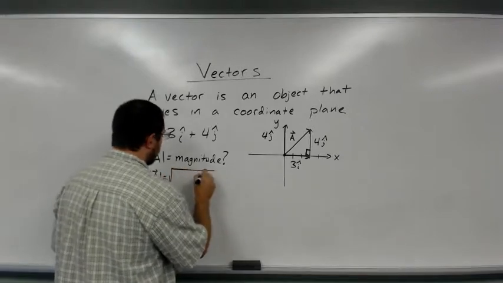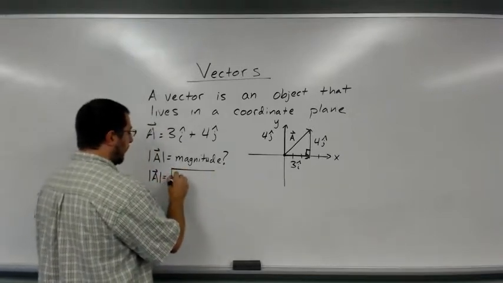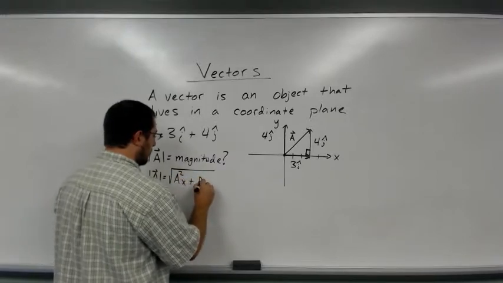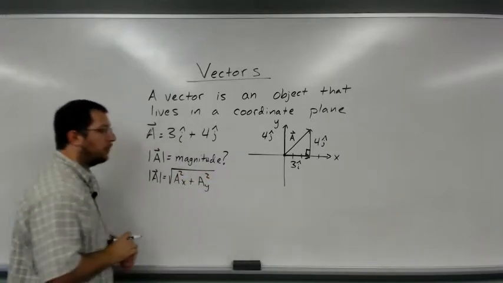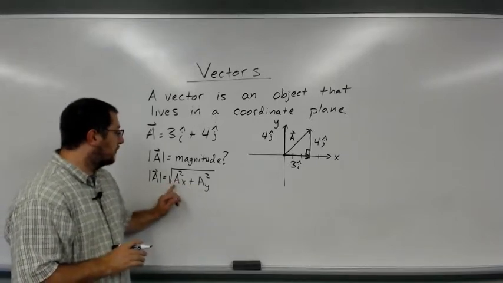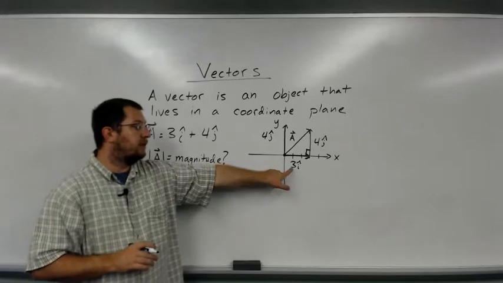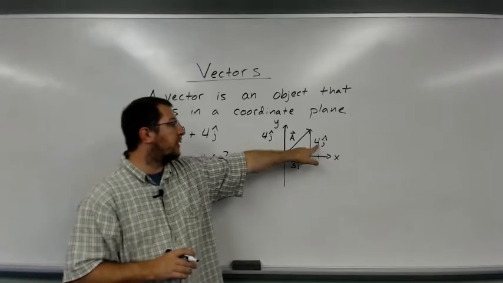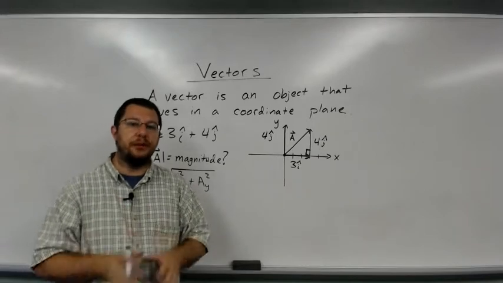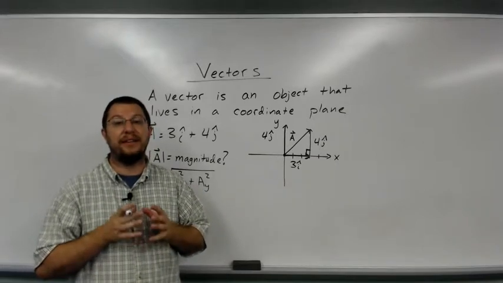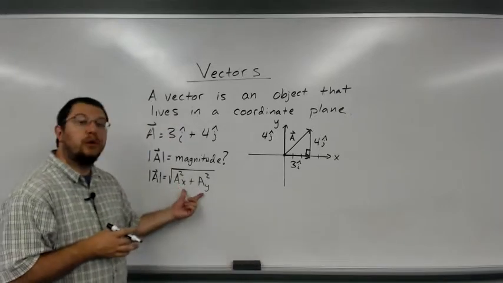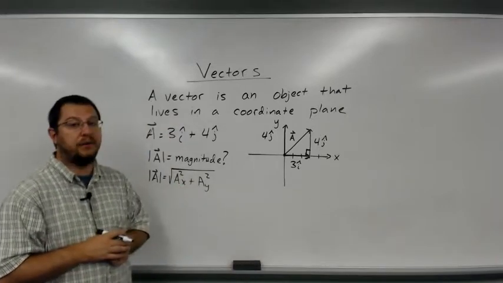The magnitude of a vector is going to be the square root of the sum of the squares of its components. So I'm going to square my 3, and I'm going to square my 4. And remember that the hats, the i and j hats, are just unit length vectors. They just have a length of 1. They just specify the direction. So I don't include those in the magnitude calculation.